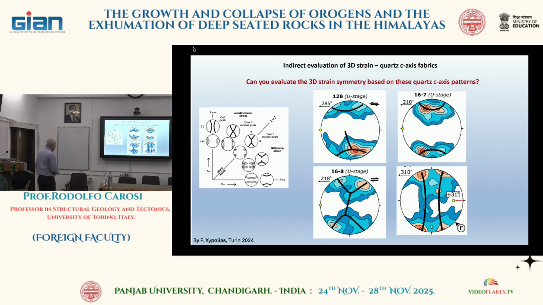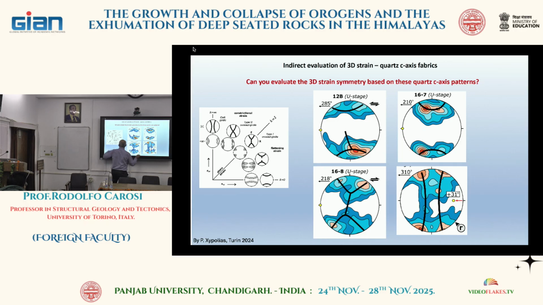Okay, Cipolias worked a lot on this. These are some graphs of the quartz C-axes. Of course, you have contouring, you have maybe 400, 500 measurements, so you have to do some statistics of this graph. And by the position of the maxima, you can try to draw this kind of skeleton.